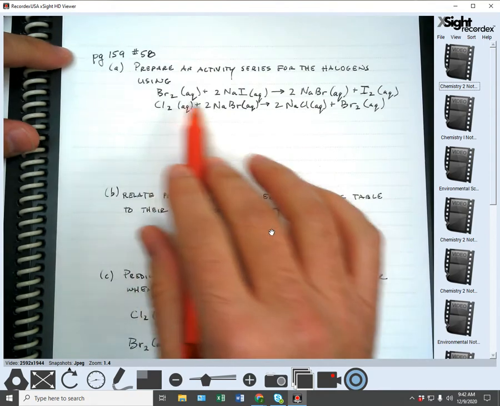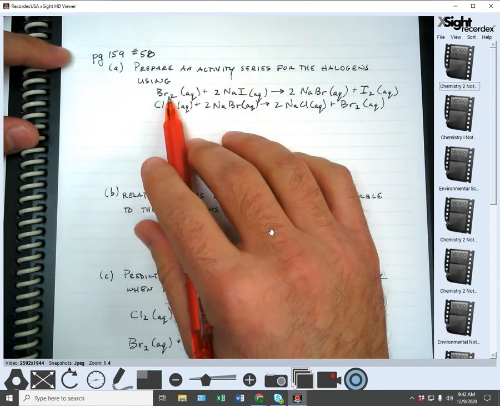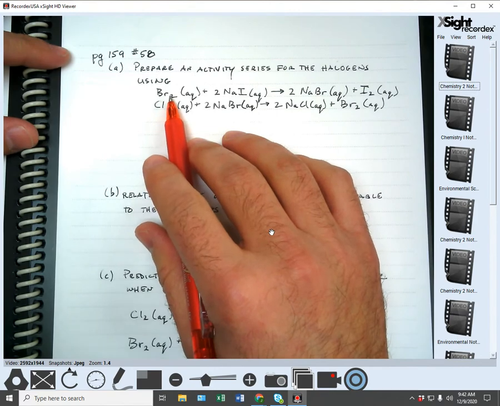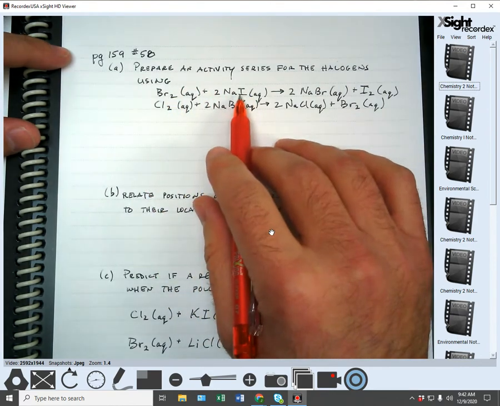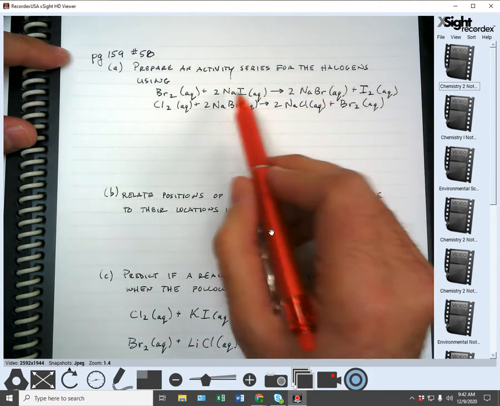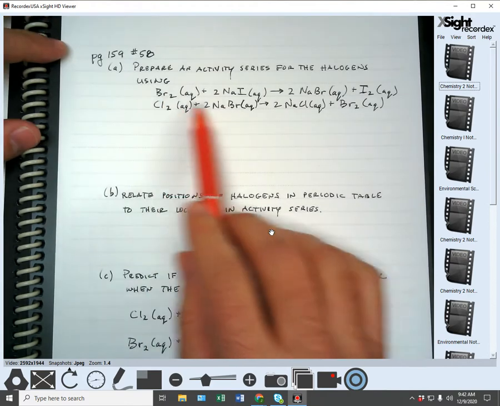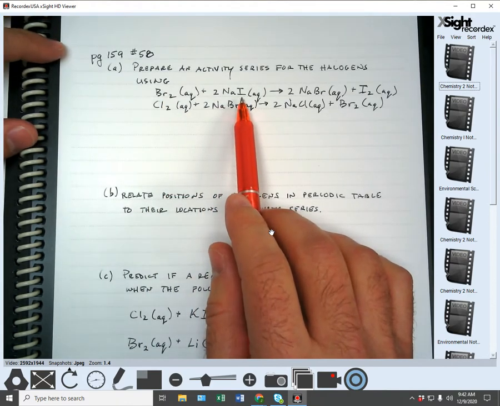If we look and see what we have here, in the first one we've got bromine, Br2, combining with sodium iodide, right? And it produces sodium bromide and iodine. So what's happening is the bromine is taking the place of the iodine, right?